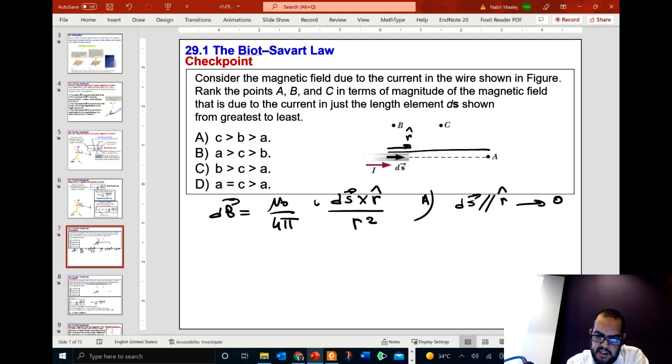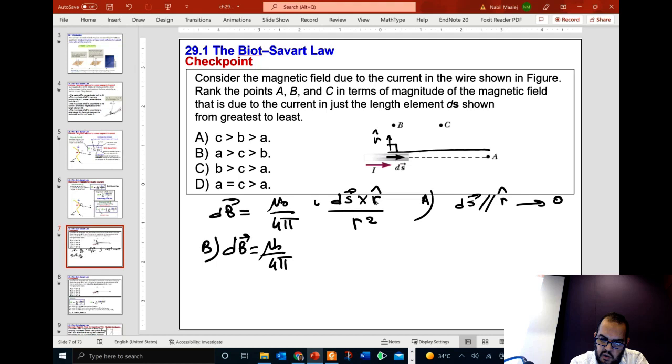Okay, let's take point B. For point B, this is the unit vector r. It makes an angle of 90 degrees with ds, so this is a right angle. So for point B, we can see that this is mu0 over 4 pi.